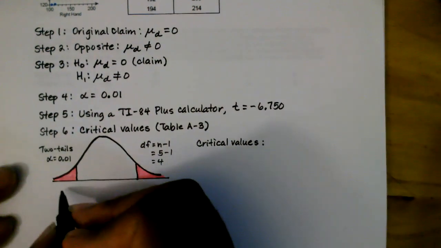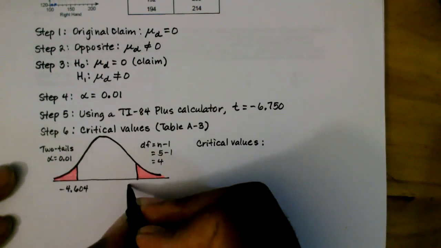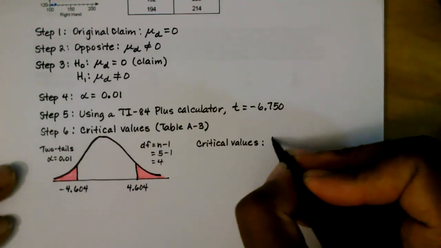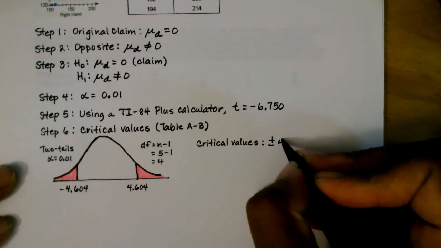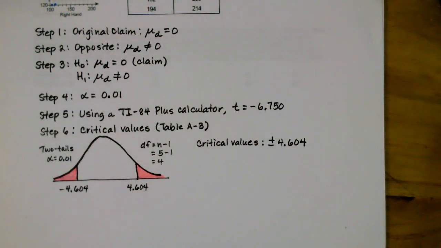One will be negative 4.604. The other one will be positive 4.604. So my critical values are going to be plus or minus 4.604. Okay. So when you're finding the critical value, you have to use table A-3. And of course, my degrees of freedom is small. So it's easy to use table A-3 to get those critical values here.